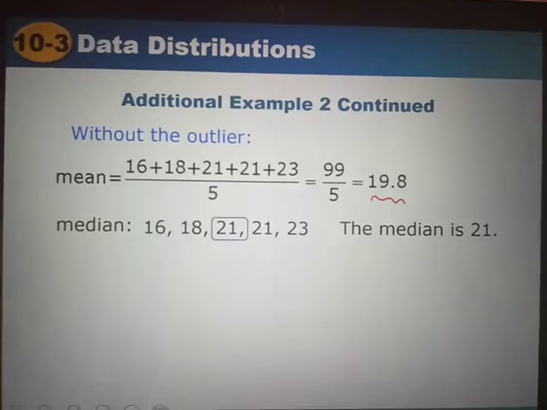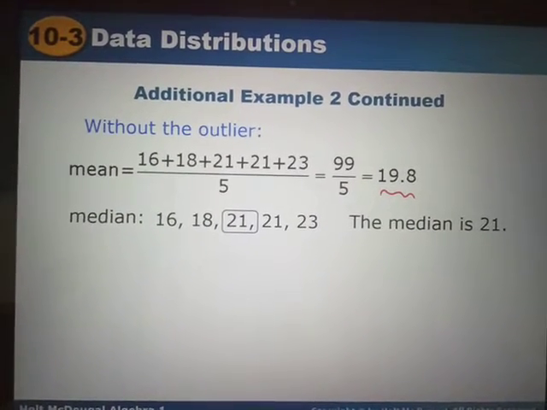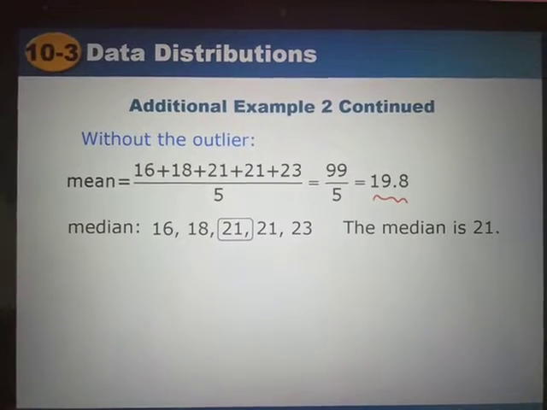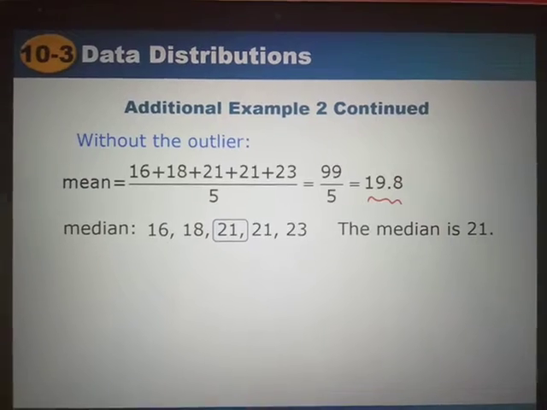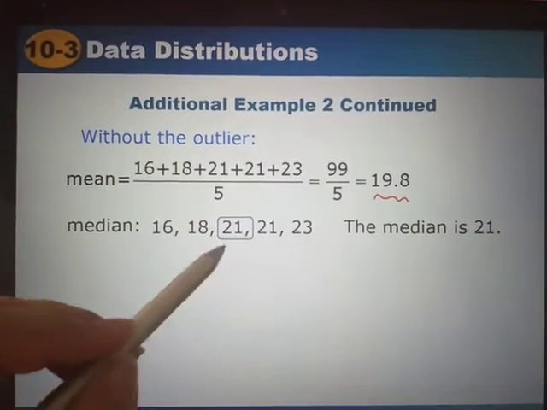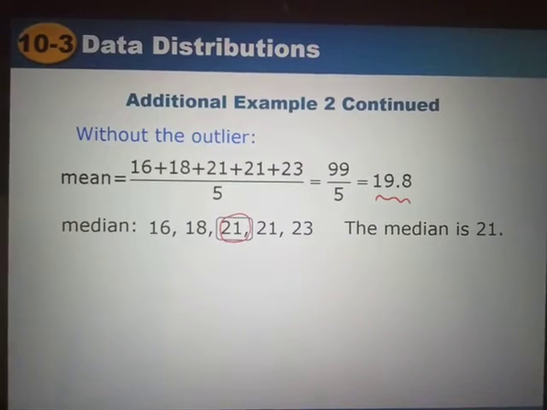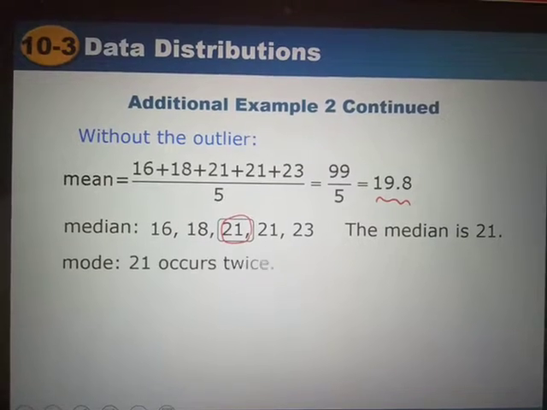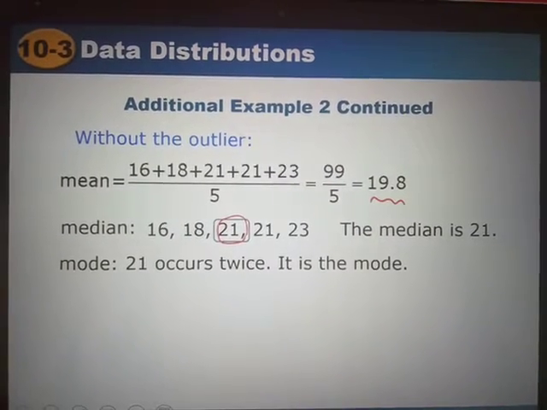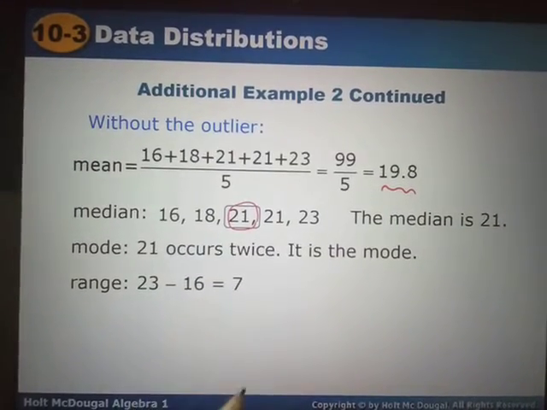For the median, before we had 6 values, so we had 2 values in the middle, so we get the mean of the middle values to get the median. But here we have 5, so it's easy to get the median. The median here is 21, and the mode 21. The range is 23 minus 16, it will be 7.